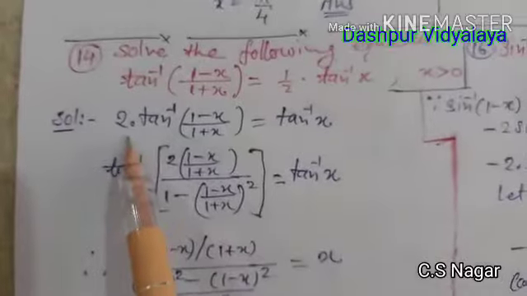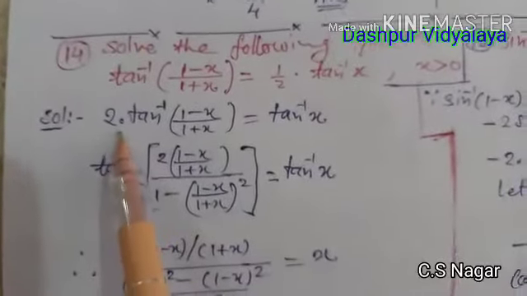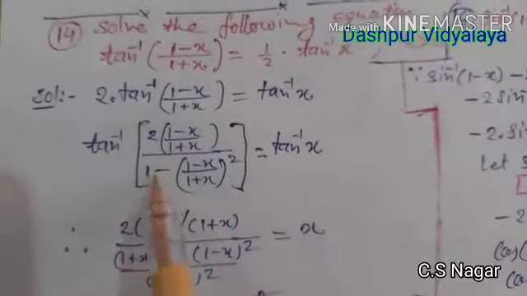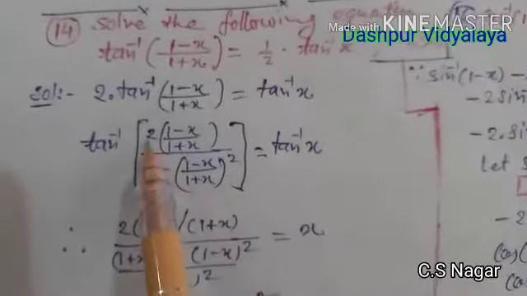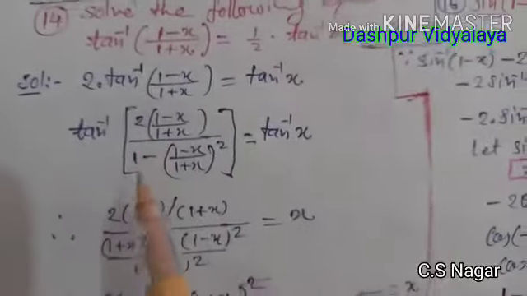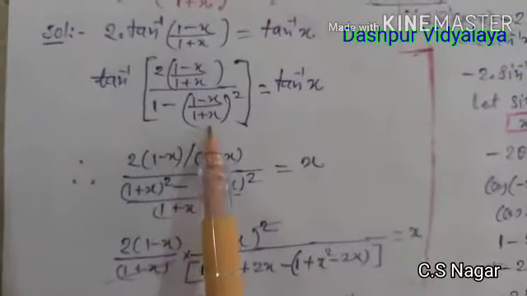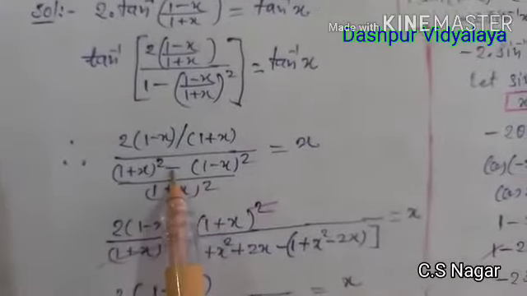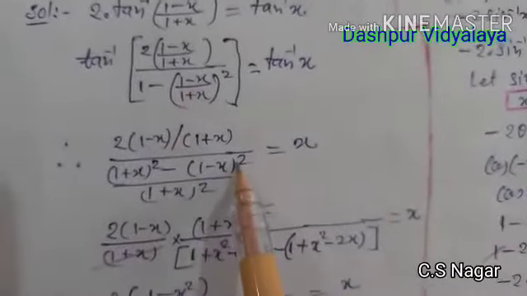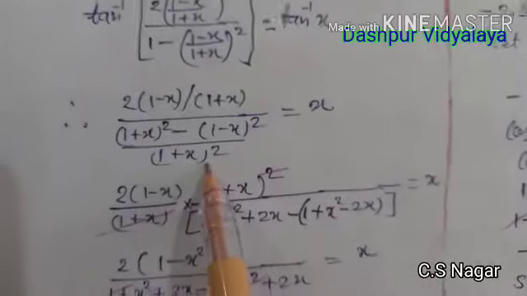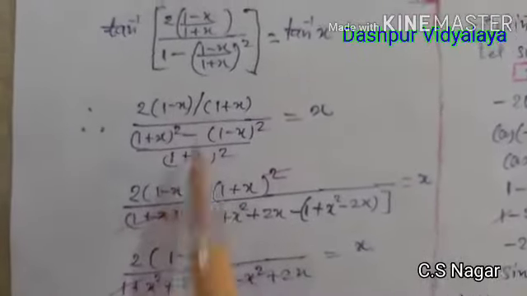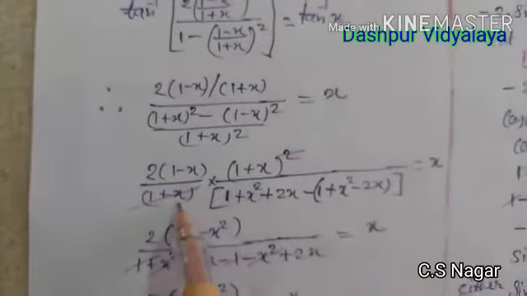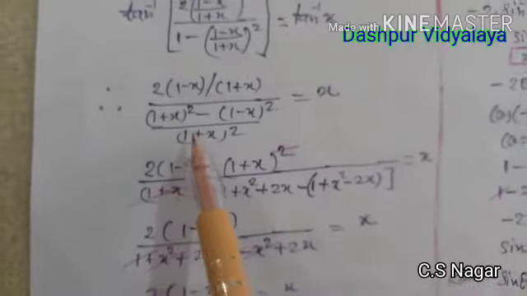So once again this is 2 times, so break into half the angle, so it will be only 1 times. This is 2x upon 1 minus x square, where x means this bracket. So in the denominator, taking LCM, (1 plus x) whole square minus (1 minus x) whole square, whole upon (1 plus x) square. Now this fraction 2 into (1 minus x) upon (1 plus x) stays as it is, and the denominator becomes reciprocal.